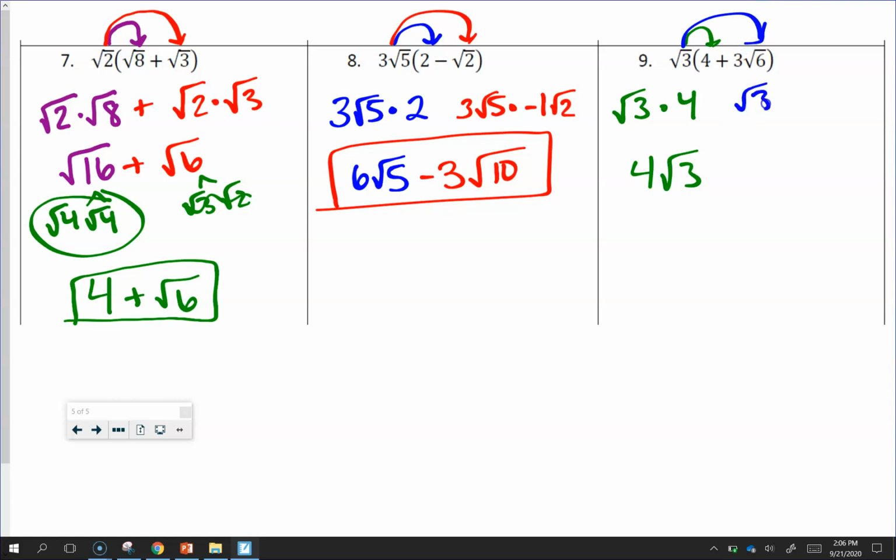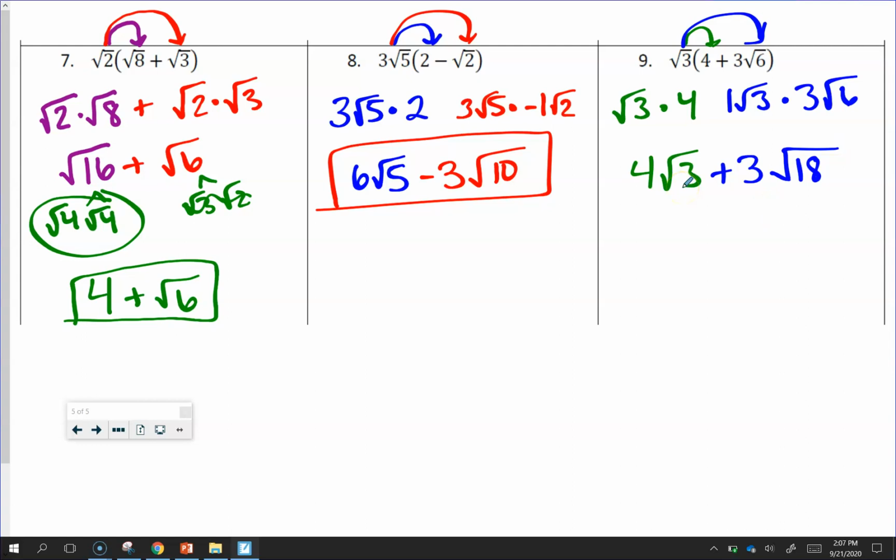I have square root of 3 times 3 square root 6. Remember, you can put a 1 out here if you want to. Outside the radical, we have 1 and 3, so that's a positive 3. Inside the radical, we have 3 and 6, so that becomes 18. I have multiplied. Now we're going to simplify.